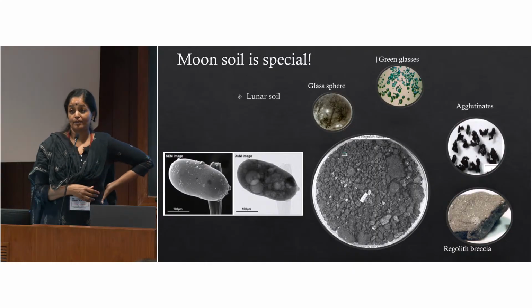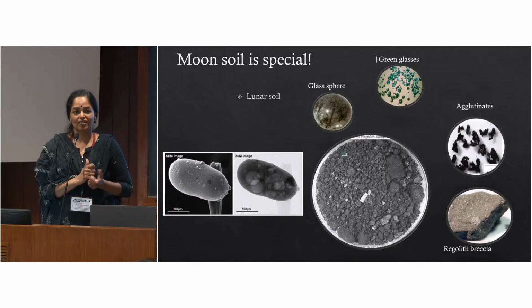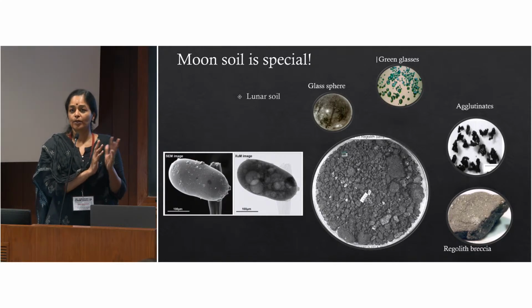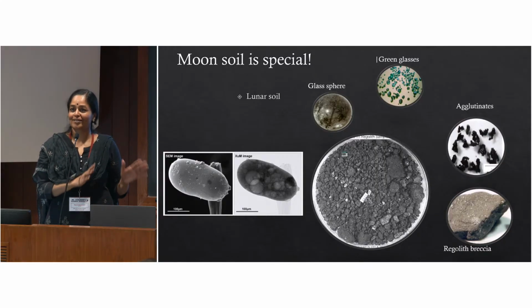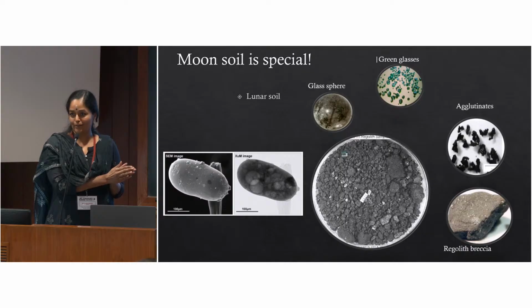We can do X-ray CT scans now and look through the grain. These are technologies that came latest. When the astronauts brought back samples from Apollo, you have 382 kilograms, but it's not that they just opened up everything and looked themselves. There is a vision for the future, so only a small portion was looked at that time.